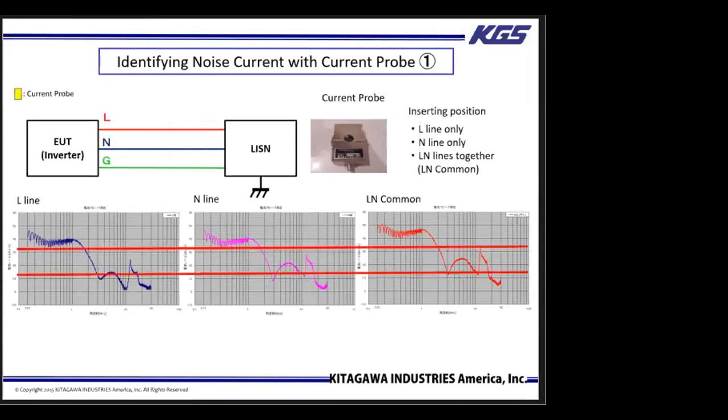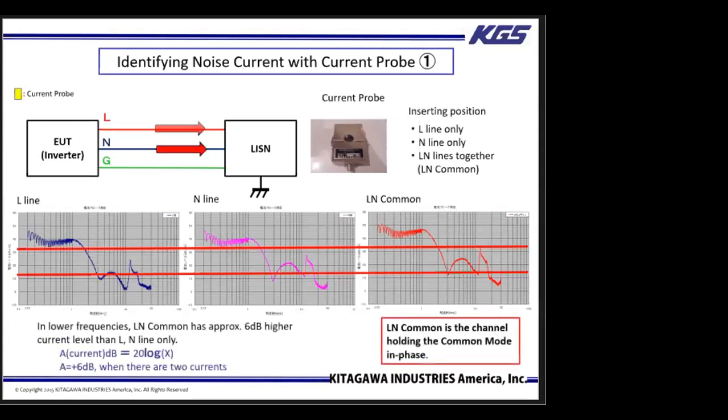The data show that the current on the LN lines together is 6 dB higher than the L and N lines separately. The current level in dB is calculated by the equation 20 log(x) when there are multiple currents, in this example 2. When this is plugged into the equation, the result is an increase of plus 6 dB.